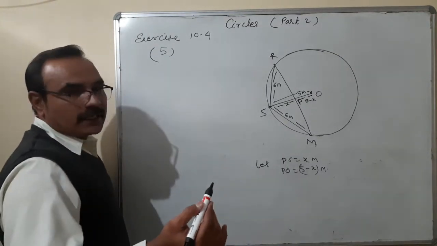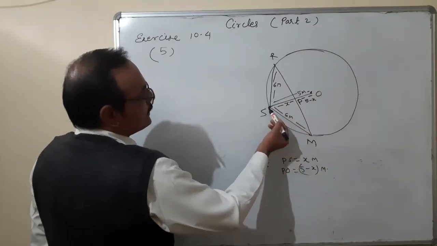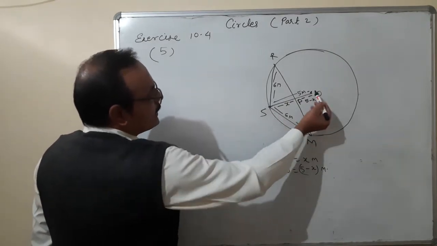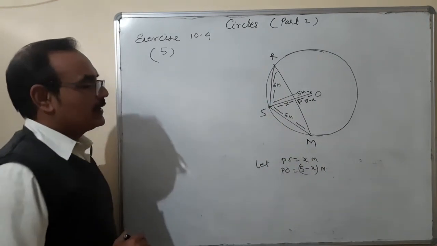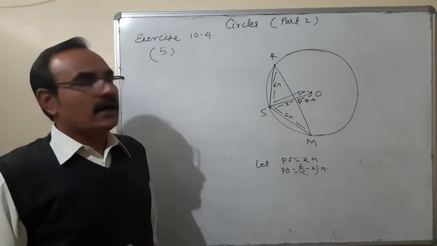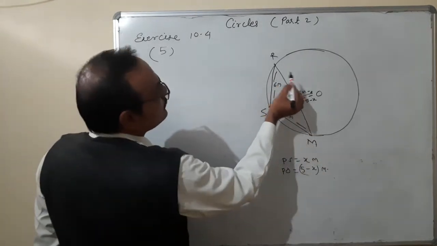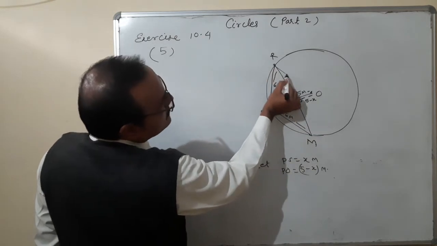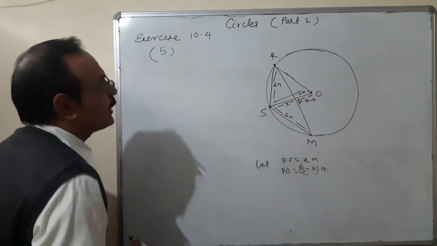If you join O to S, this S point is taken in such a way that it is a perpendicular, 6 meter here and 6 meter here, placing R, M and R. So that means there are two triangles and both the triangles are right angle triangles.